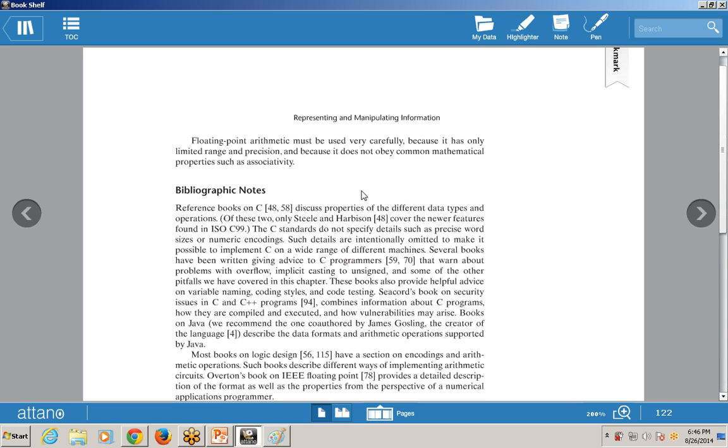So floating point should be used carefully because it may give some errors whenever we find the average or represent a number. It does not apply associativity as compared to integer arithmetic. It is not mandatory to use floating point representation, but there are some scenarios where we have to use only floating point representation. So that gives only precision and gives some errors to the user.